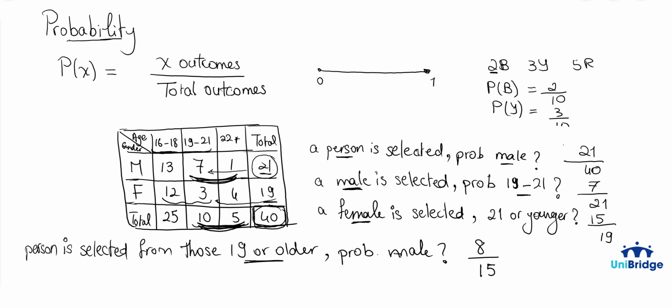If he specified a male, a female, or a certain age bracket, then I need to take that as my total. After I take that as my total, I see how many of my total fit the criteria he's asking for. Usually the question is raised as: if a person is selected from those who have a certain trait, this is always your total. Then out of this total, you look inside the table and see how many of these fit this criteria.